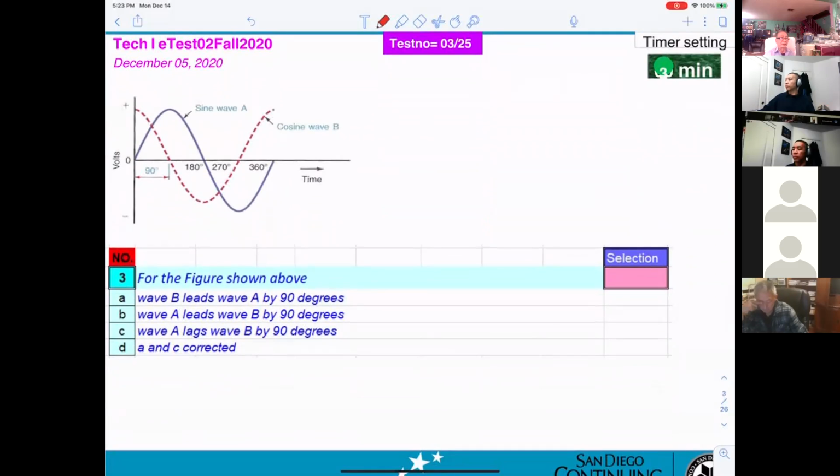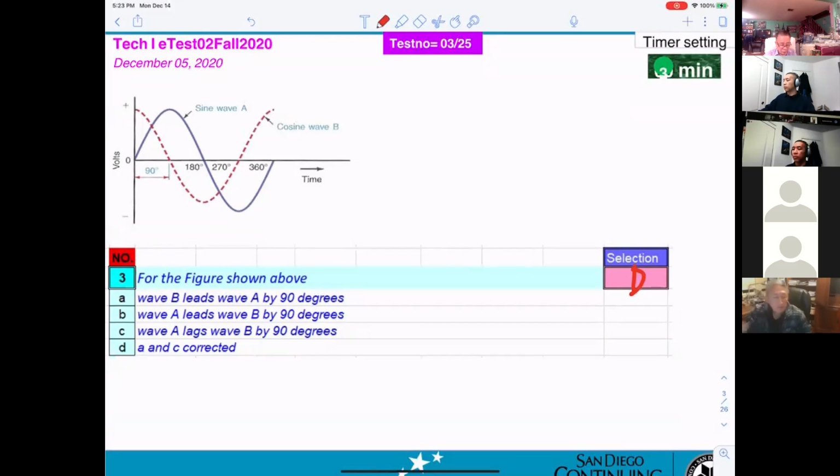Okay, so basically they display the two waveforms on the oscilloscope, and they want to know which one will be leading or lagging. Number 3, the answer will be D. Perfect. They say wave B leads A by 90 degrees.